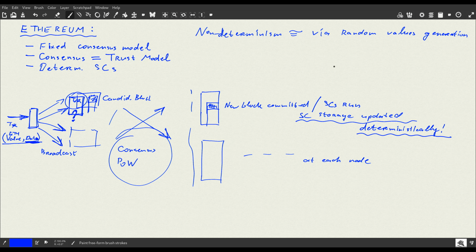So basically, if we look precisely at how this non-determinism can be achieved, it is via extra inputs. You really need inputs. You really need to get access to some external data from the environment.